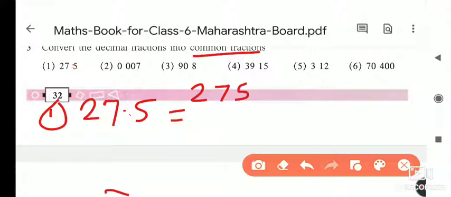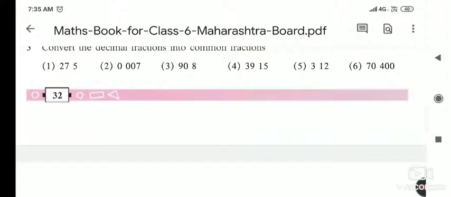Here I wrote 275, divided by 1 followed by zeros. After the point, how many digits are there? One digit is there, so we write 1 and give one 0. This is the conversion of the decimal fraction 27.5 into a common fraction, and its answer is 275 divided by 10.